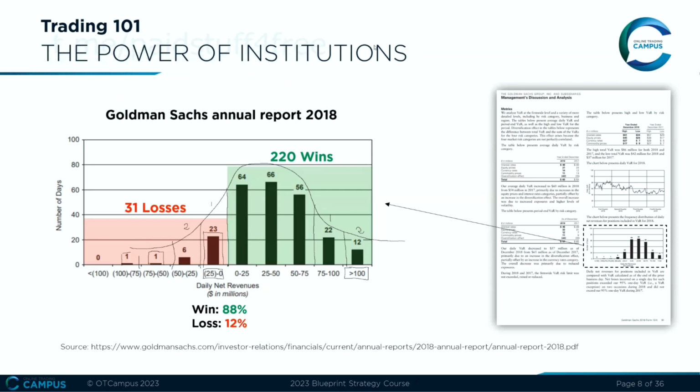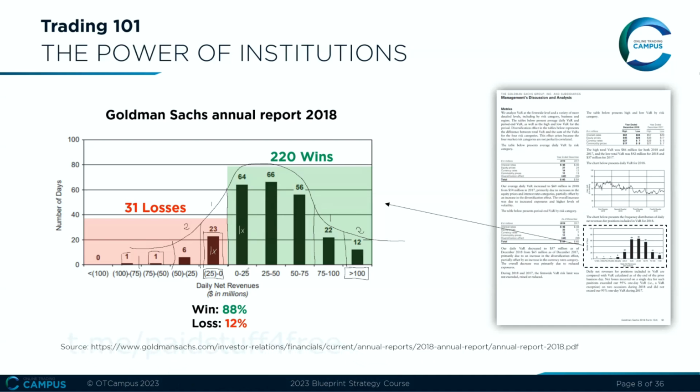So what do I mean by that? Well, if this was your 1x risk at 25 million US dollars of loss, right? If this was your 1x risk, then here they make a 1x profit, right?